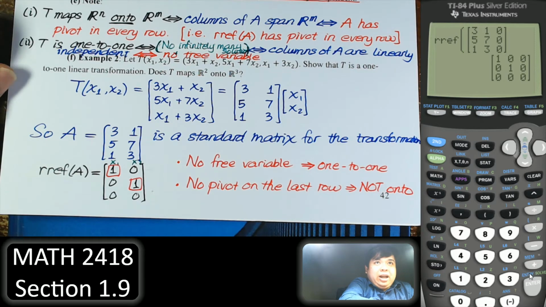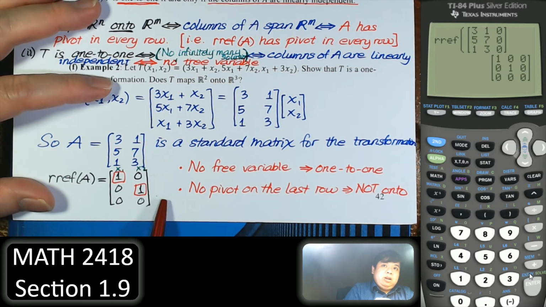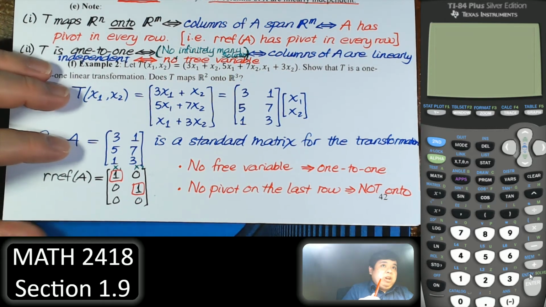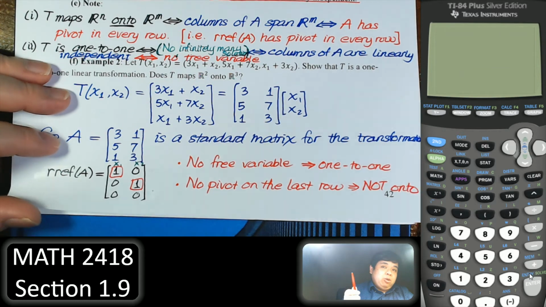Right. Once again, if we have the pivot on every row, that is onto. This case, not. If we have a free variable, it is not 1 to 1. In this case, there's no free variable, so it is 1 to 1.